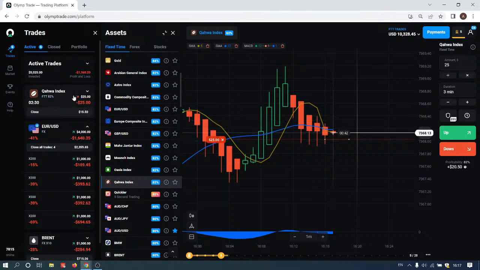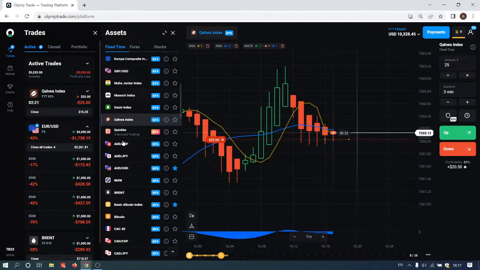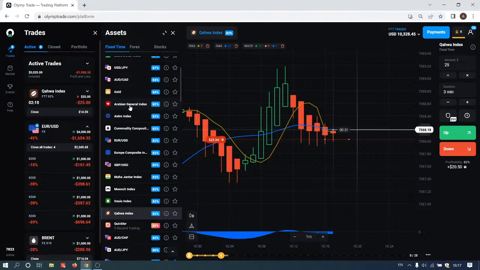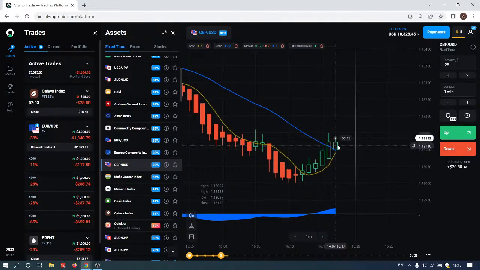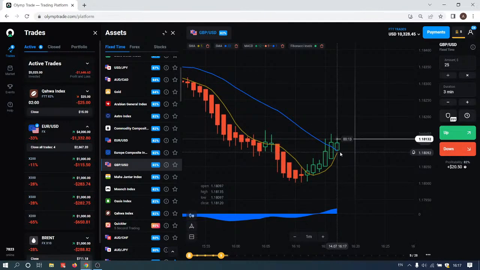So I have this Kahwa index, this Oasis index, and also the Europe Astro index and the Arabian General index. Some of these indices might not be available for some of you, but they are available for me. I'm demonstrating all of them, so if these assets are available in your country, then of course you can go ahead and trade them.